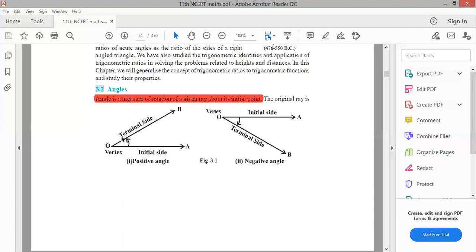For example, this is a ray and you are rotating this ray about its initial point. The measure of this rotation is called angle. So angle is the measure of rotation of a given ray about its initial point.